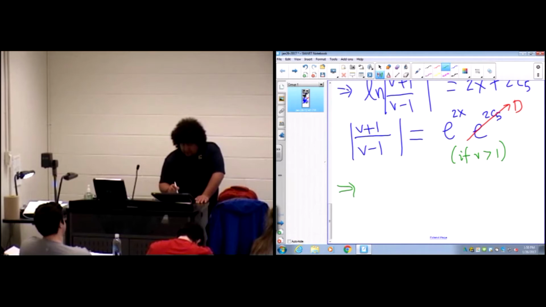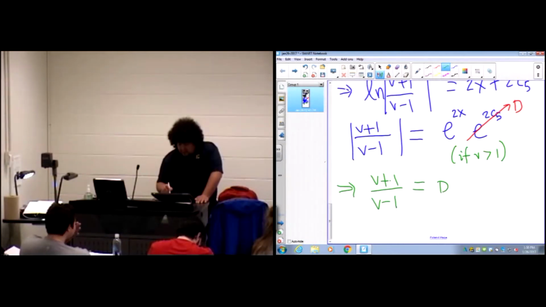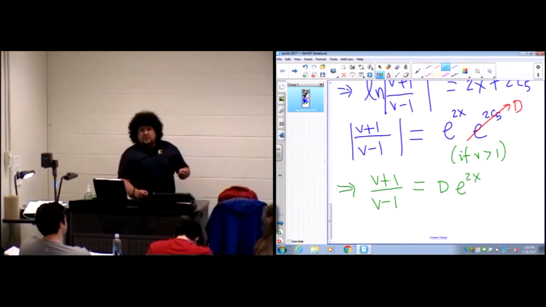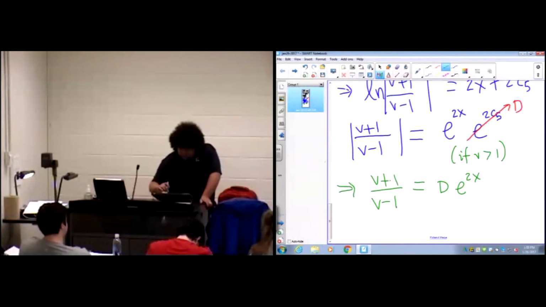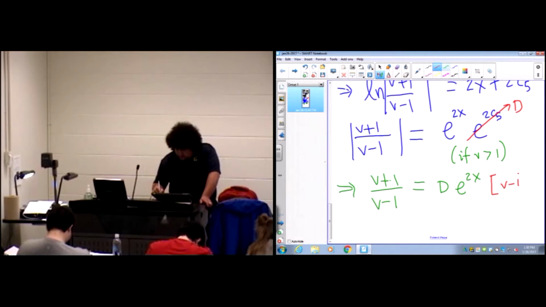Both of those terms would be positive, and we have v plus 1 over v minus 1 equals d times e to the 2x. And since we're interested in solving for v, we have to cross multiply, right? Multiply both sides by v minus 1.